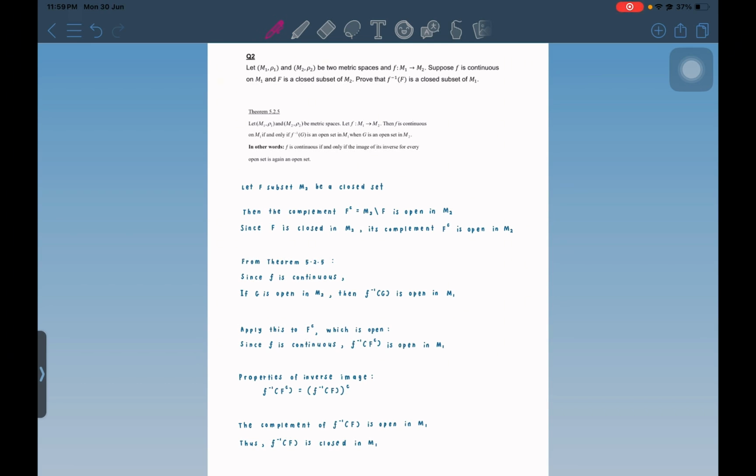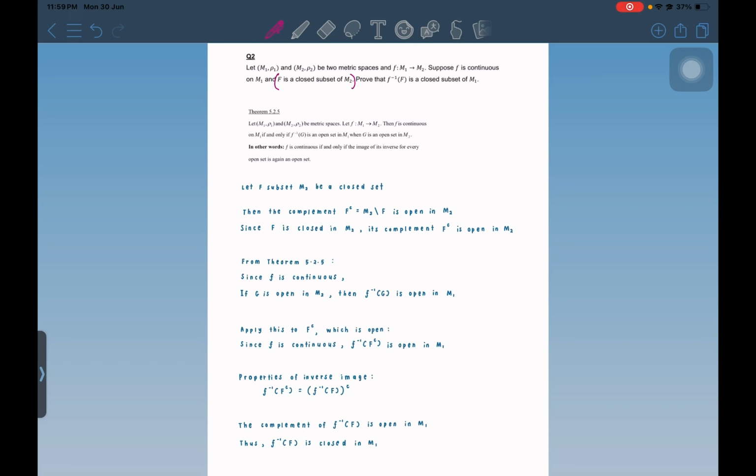So based on theorem 5.2.5, it states that f is continuous on M1 if and only if f inverse of G is an open set in M1 when G is an open set in M2. So to answer the question, we let F, a subset of M2, be a closed set as stated in the question. So then the complement F^c is open in M2.